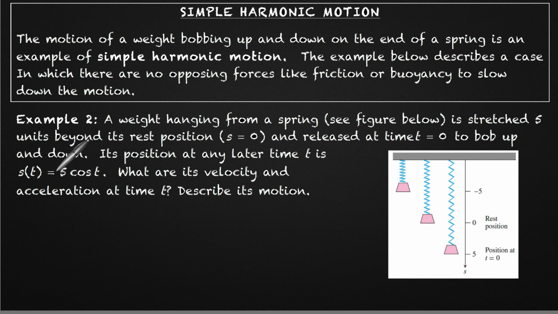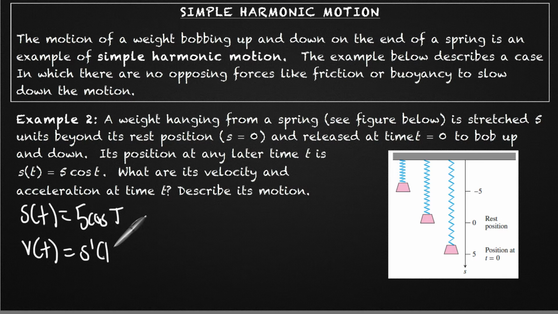S of t is equal to 5 cosine of t. What are its velocity and acceleration at time t? Well, this should not take us very long because you have your position function, 5 cosine of t, and the velocity is just the derivative of the position.